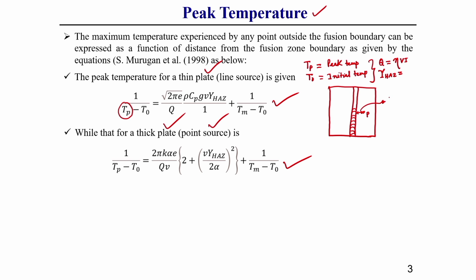Let this distance be represented as Y heat affected zone. At this distance, the peak temperature attained during the whole welding operation we can estimate for the thin plate case using equation number 1, and for the thick plate case using equation number 2.